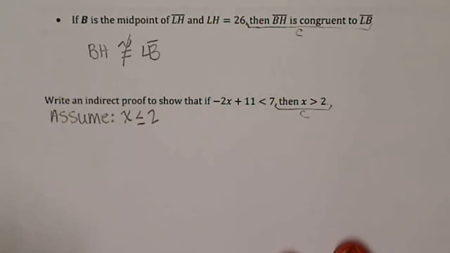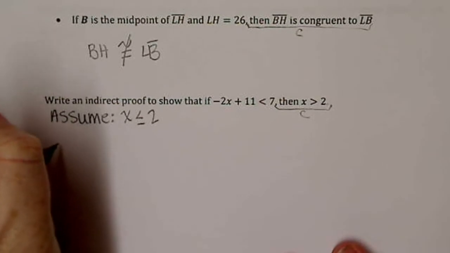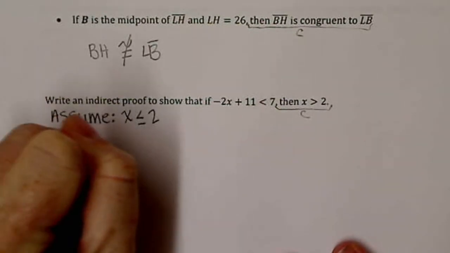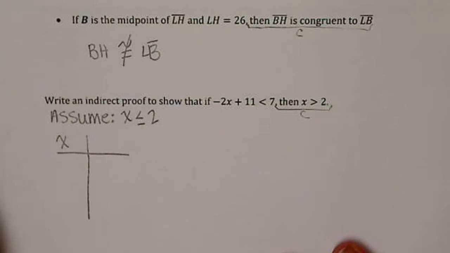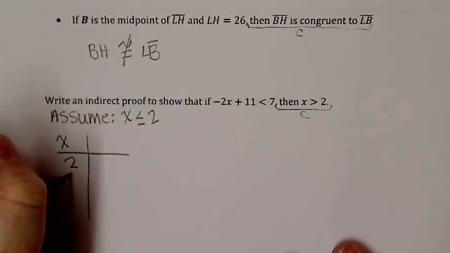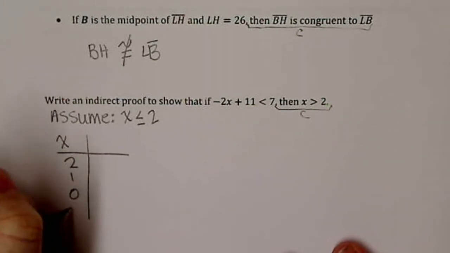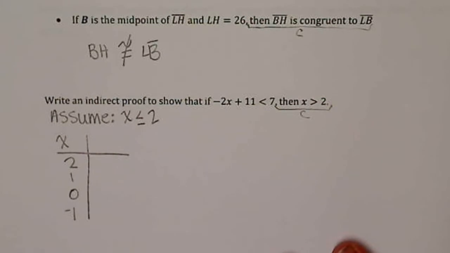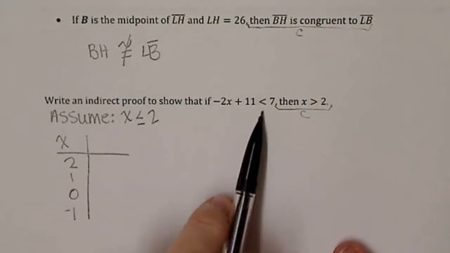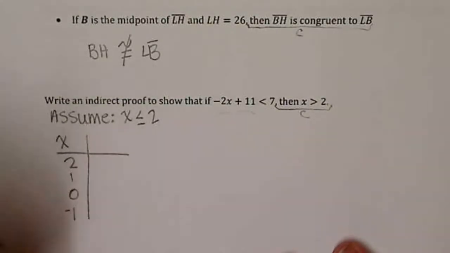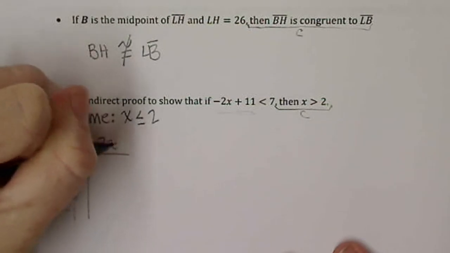Okay, how can I prove that? Well, I have an algebraic equation, so let's make x less than or equal to 2. So how about 2, 1, 0, and negative 1? What I want to know is if I plug x into here, it's going to be less than 7. So I need to plug it in.